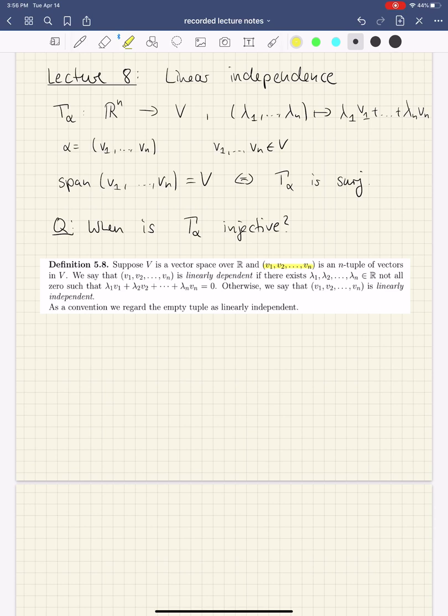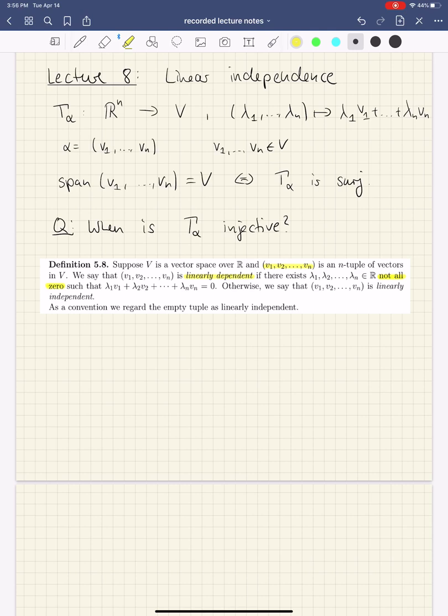And then we say that this n-tuple is linearly dependent if there exist scalars lambda 1 through lambda n in R, not all zero, so this is important here, such that the linear combination given by these scalars lambda i and the vectors vi is equal to 0.